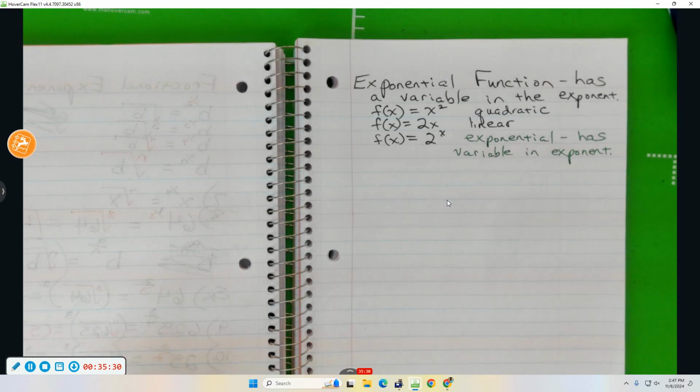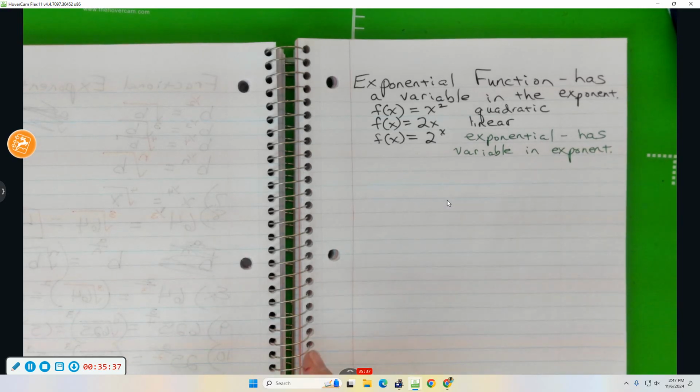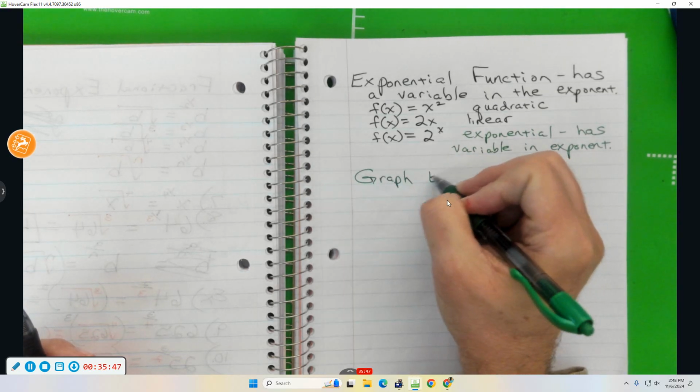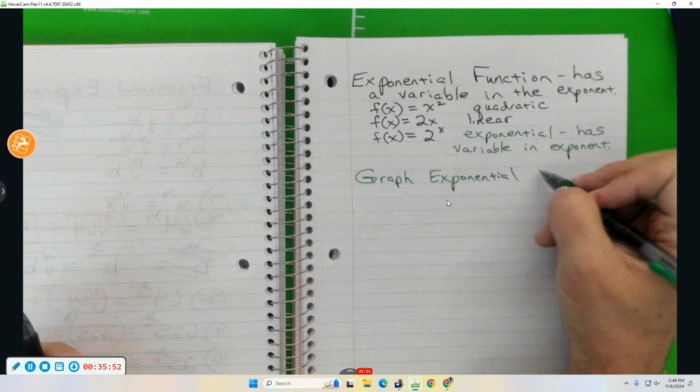First thing we're going to do with exponential functions, we're going to graph exponential functions, and then in the rest of the assignment we're going to be solving exponential equations. But first of all, let's graph exponential functions.